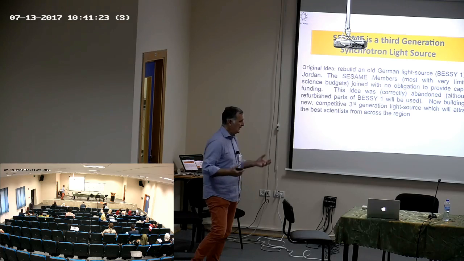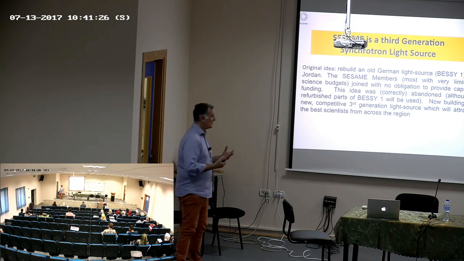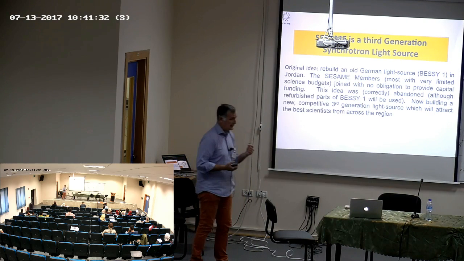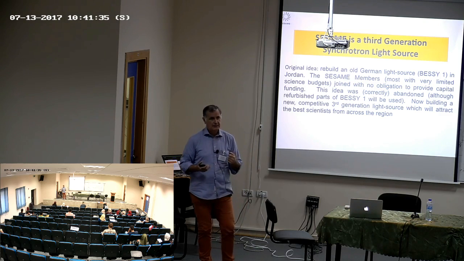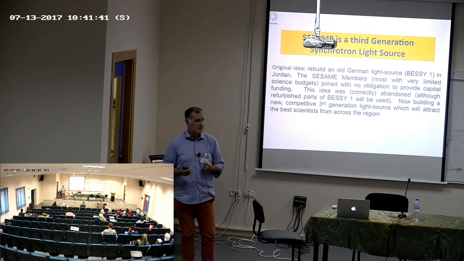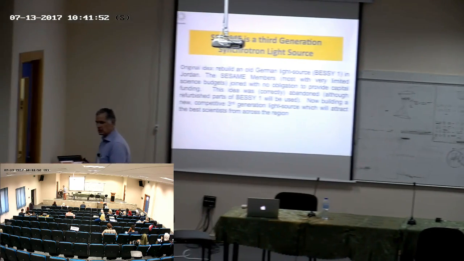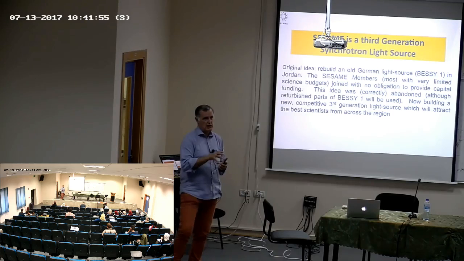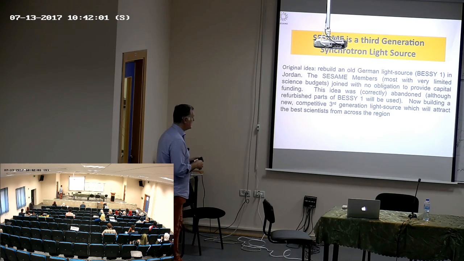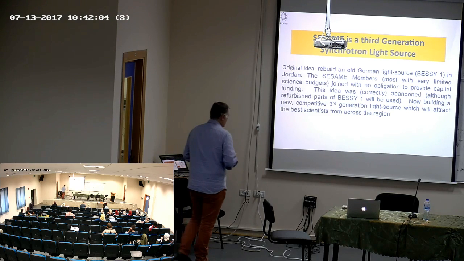There were two Germanys before, East Germany and West Germany, and so there was this reunification following this event in November 1989, and one of the consequences of this was that the German government invested a lot of money in previous East Germany, and so one of this investment was the construction of a new synchrotron radiation laboratory in what used to be East Berlin. So this one became available.